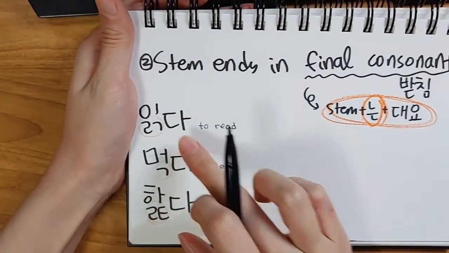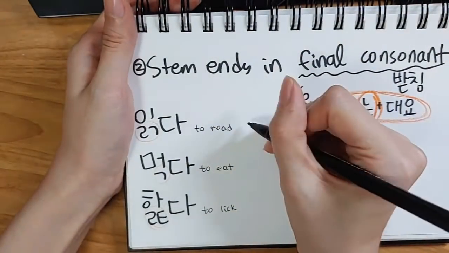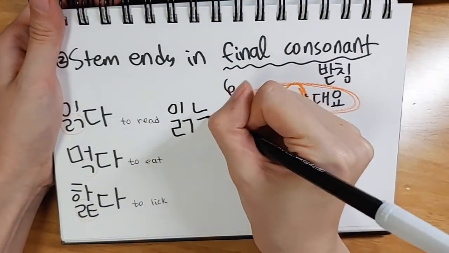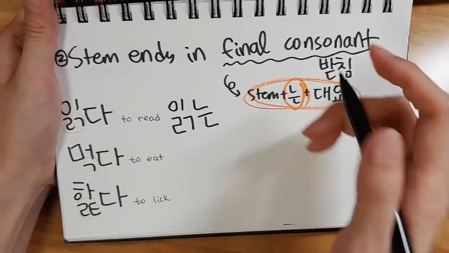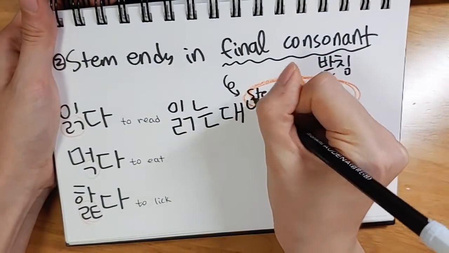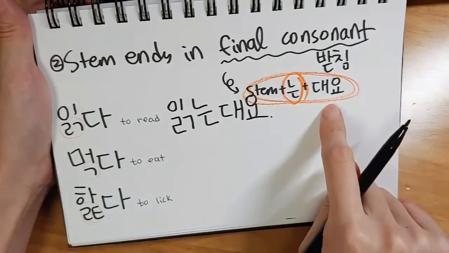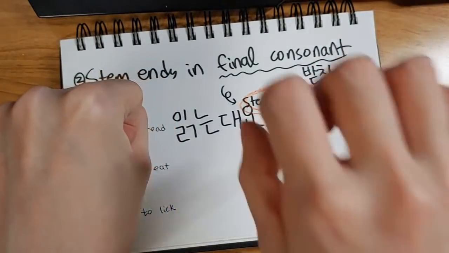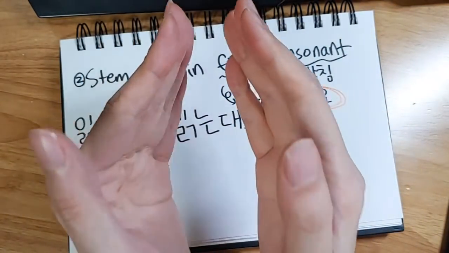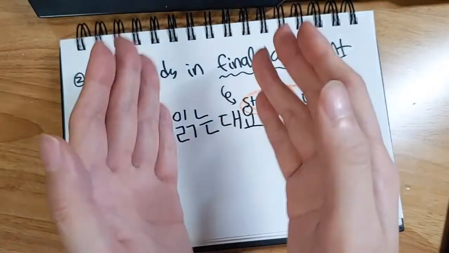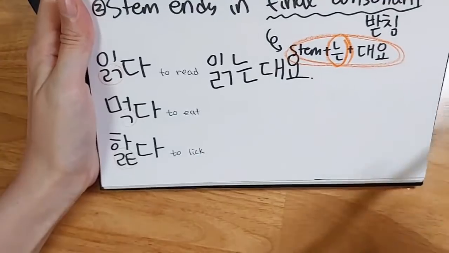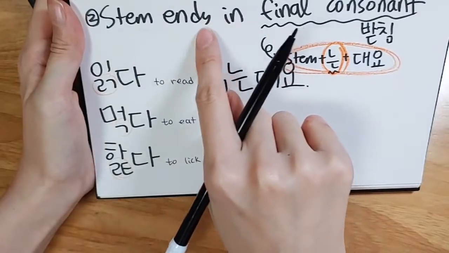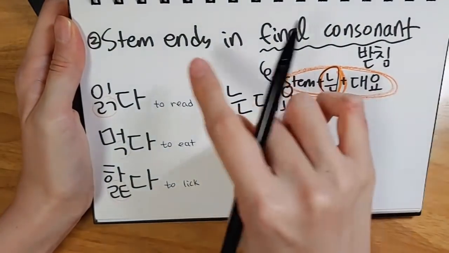So 읽다, when combined with 대요 ending, you put extra 는 before 대요: 읽는대요. It's not 읽대요. So when 대요 is combined with a verb, you don't put the stem and then 대요 right after it. 사이에 suffix를 넣어줘야 돼요. You have to put the suffix, which is either 니은 or 는. If the stem ends in 받침, you put 는.